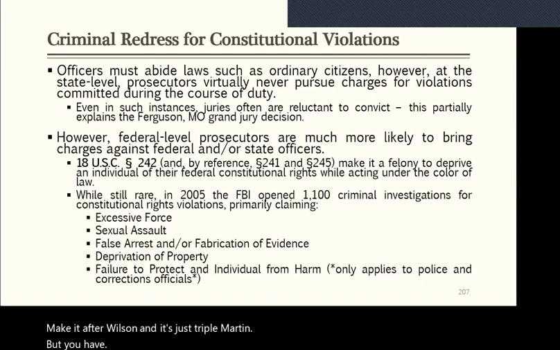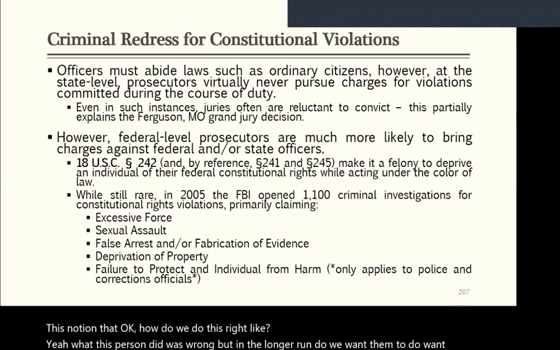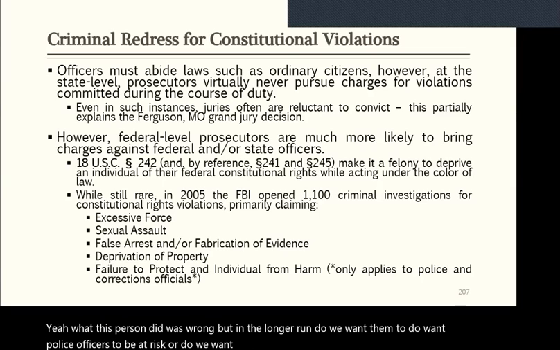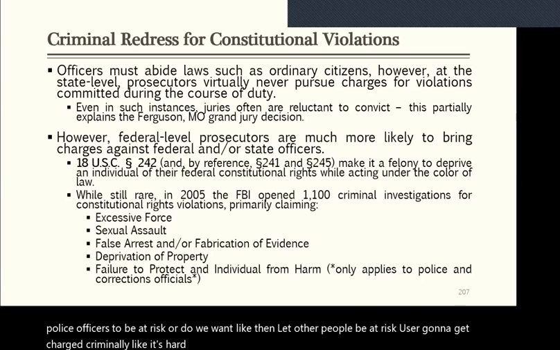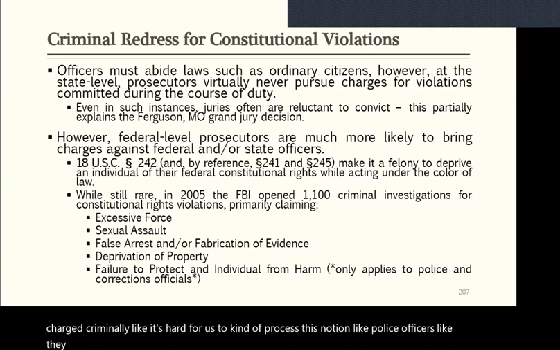this notion that, okay, how do we do this, right? Yeah, what this person maybe did was wrong, but in the longer run, do we want police officers to be at risk, or do we want them to let other people be at risk because they're going to get charged criminally? It's hard for us to process this notion that police officers are not even just at an ordinary citizen level, they're at a higher standard, right?